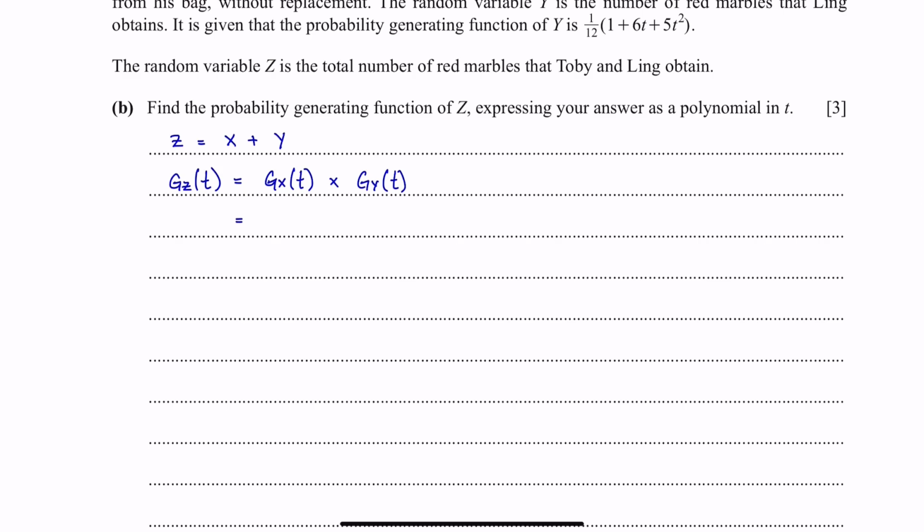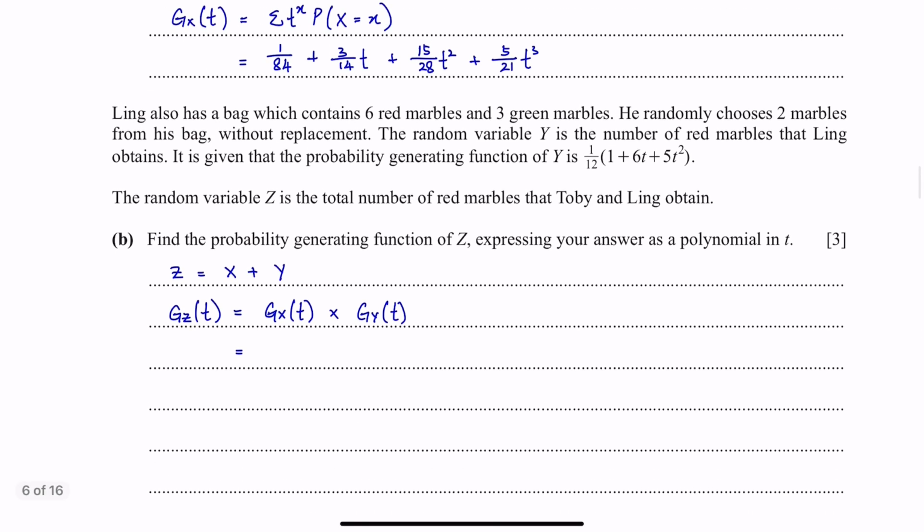So this would be, okay, since they factorize the fraction out, we can do the same thing to this expression to make our lives easier when we multiply them together.